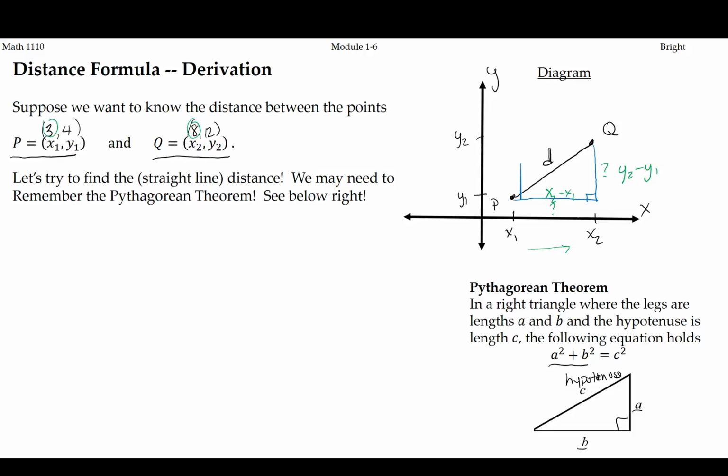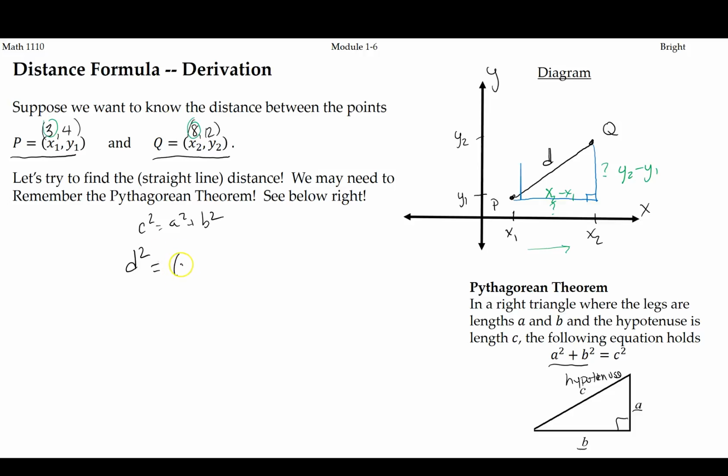Okay, and so then I'm going to use the Pythagorean theorem. So again, c squared is equal to a squared plus b squared. Okay, c squared, well, that's just d squared. That's the hypotenuse of my right triangle. And then a here, it doesn't really matter which one you use. I'm going to use x's first.